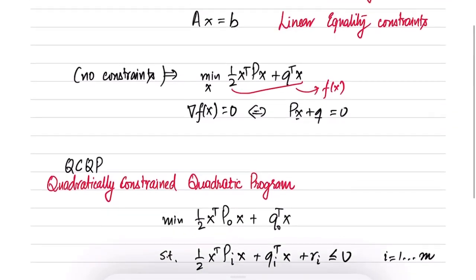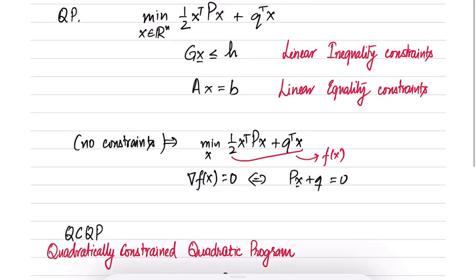Now, as we already know, QP is convex whenever P is positive semi-definite. This is a convex optimization problem whenever P is positive semi-definite, as you can guess, because the objective would be a convex function whenever P is positive semi-definite.